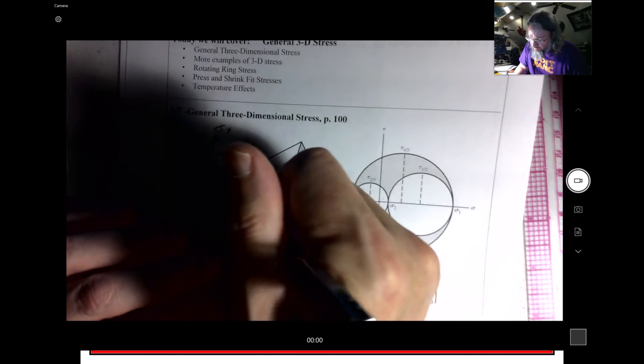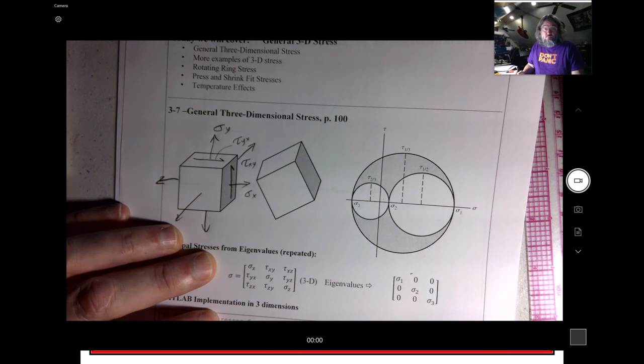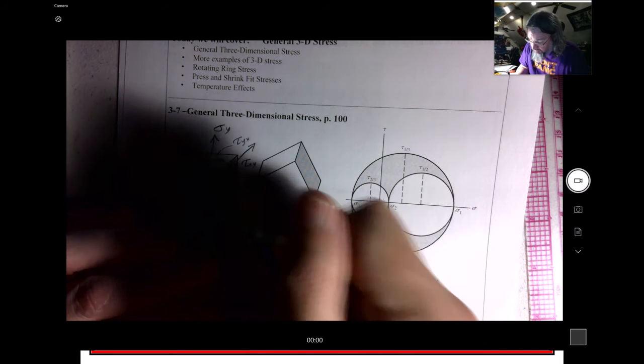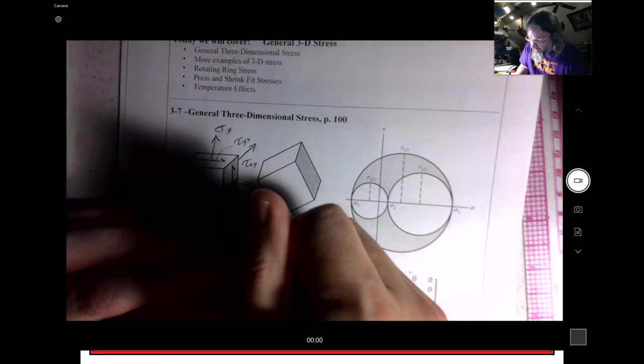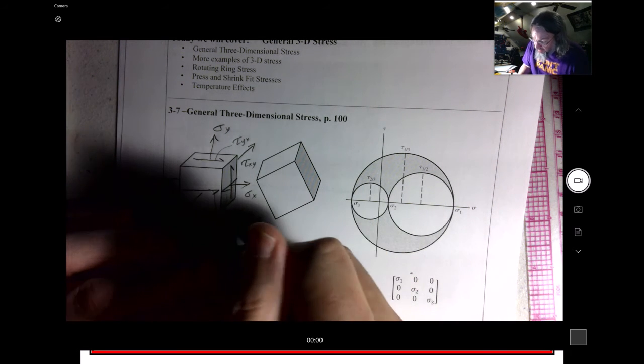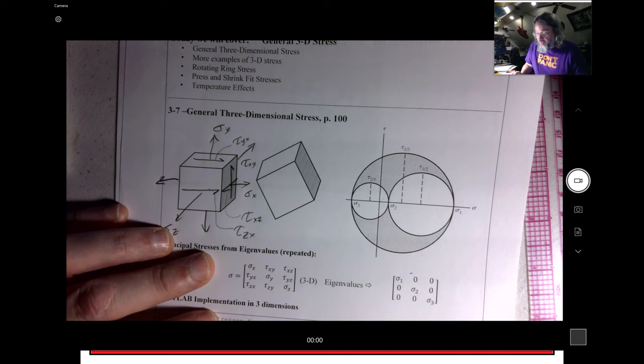So in the positive x face right there, that would be my tau xy, and then here would be my tau yx right there, right? And then here I would have my tau xz, and then here would be my tau zx, but they would be equal to each other and opposite.